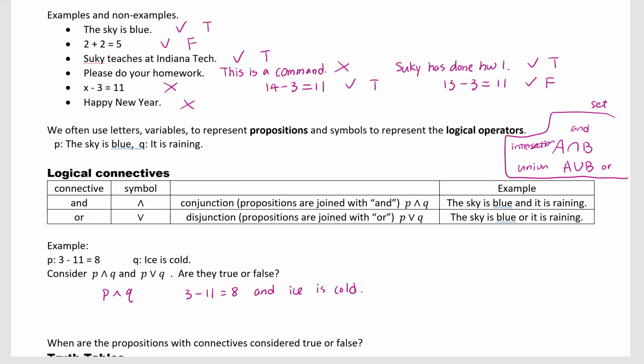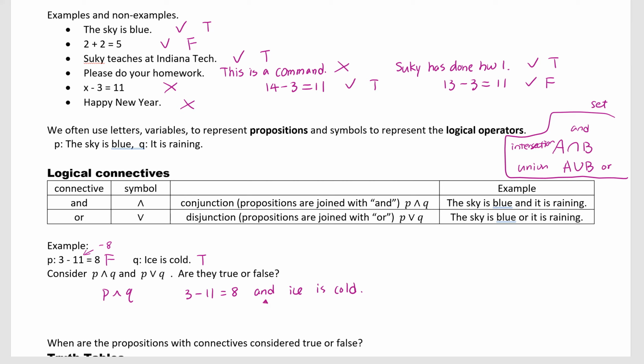Okay, is this true? Okay, so think about it. 3 minus 11, what is that? That is actually minus 8. So it's not equal to 8. So this guy is false. Ice is cold. That is true. Okay, so we have something and something.